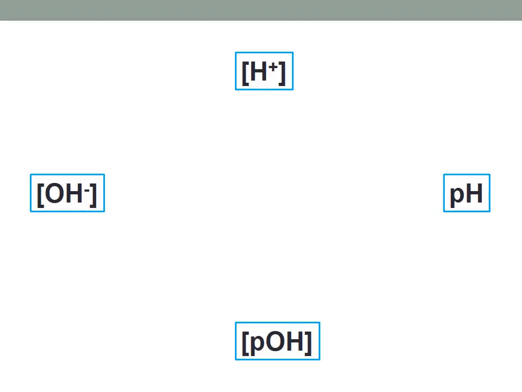Now, let's look at the link between these four: hydroxide ion concentration, hydrogen ion concentration, pH, and pOH. If I want to calculate pH given the hydrogen ion concentration, we just do the negative log of the hydrogen ion concentration. But what if we were given the hydroxide ion concentration? There are two ways you can go about doing this.